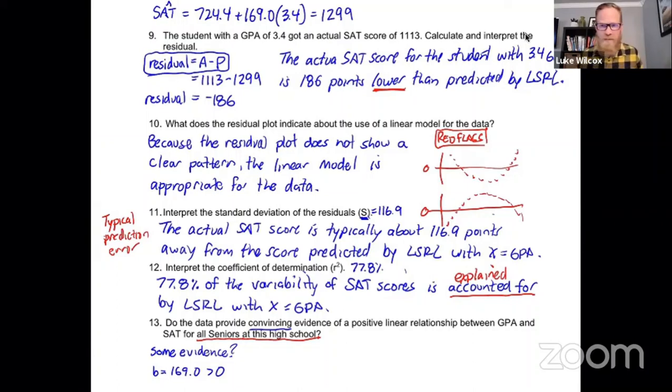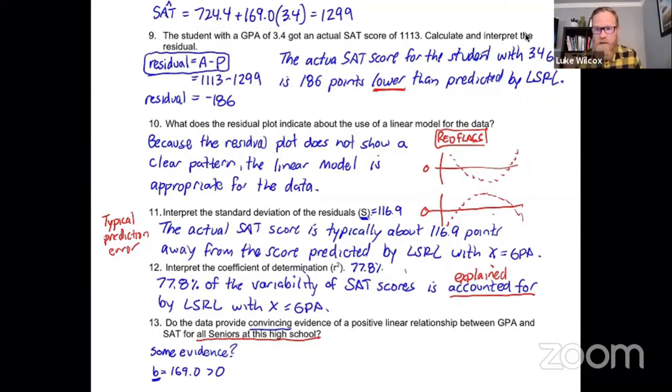I wouldn't get the same line of best fit, and I wouldn't get the same slope value. So that value is going to vary because of sampling variability. So the question is, is this slope value a strong enough slope value that we can say that there's convincing evidence of a positive linear relationship for all seniors?